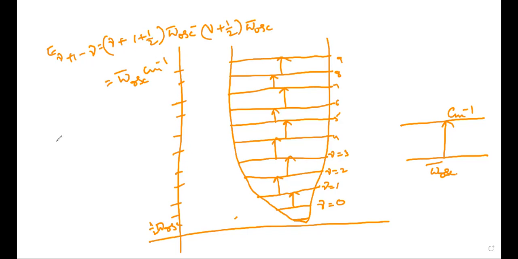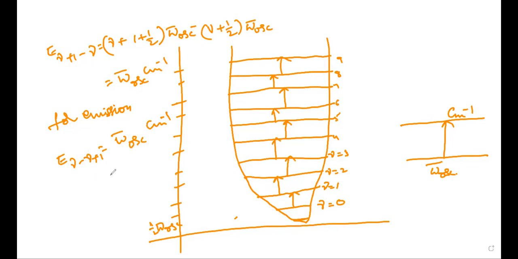This is for emission, and for absorption, E nu minus E nu plus 1, that is omega bar oscillation centimeter inverse, where the initial value is nu.